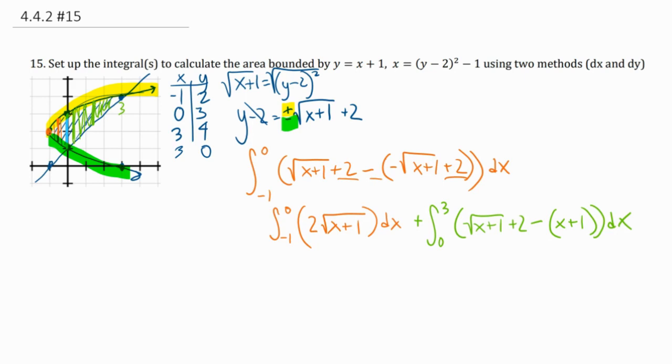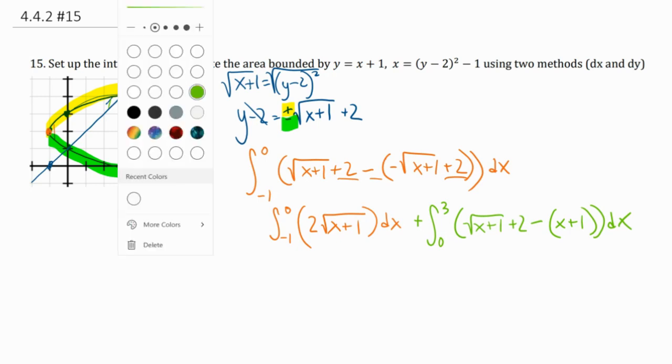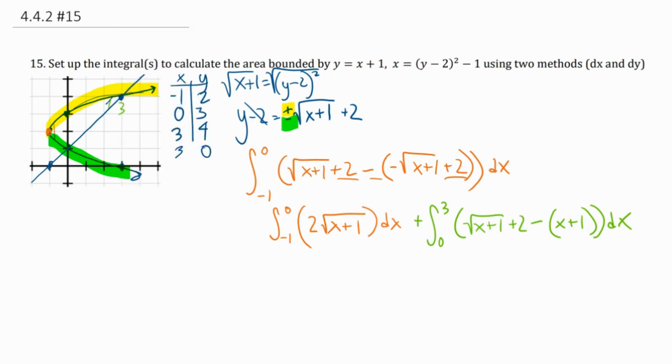Now, there's actually an easier way to do this, and that's to set it up in terms of y. So if I were to set this up in terms of y, think about this graph sideways, or think of it as horizontal representative rectangles. So I've got a representative rectangle here, here, here, and here.